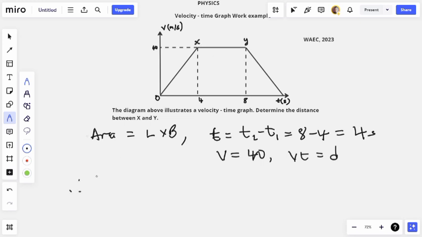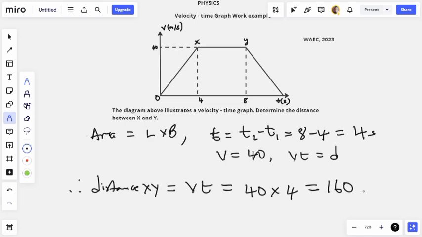So distance xy will be equal to velocity times time. Our velocity is 40 and our time is 4. So 40 times 4 is 160.